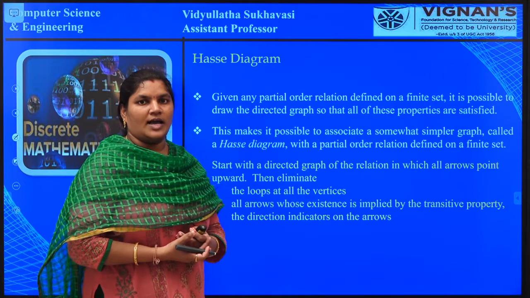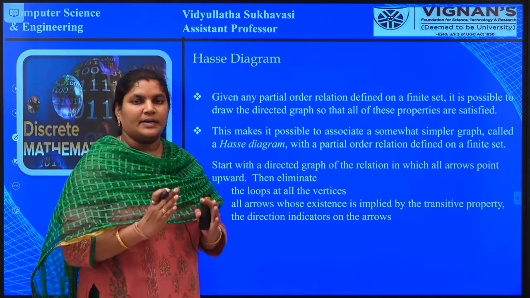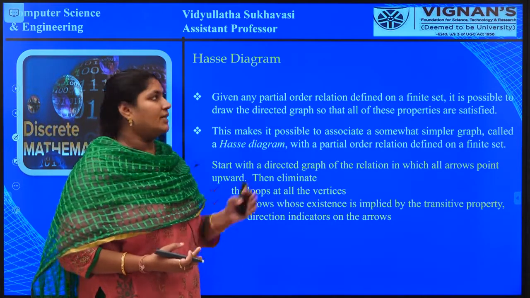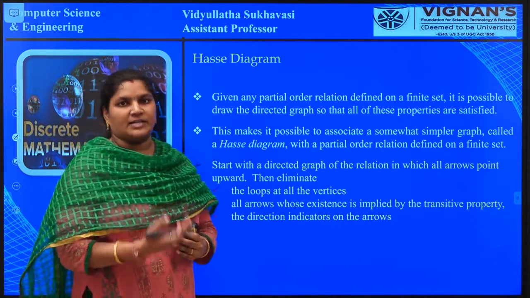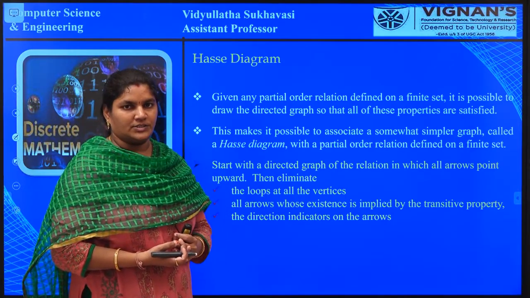This is called a Hasse diagram, which we can draw particularly in the case of partially ordered sets. The Hasse diagram can be constructed for partial ordering relations.